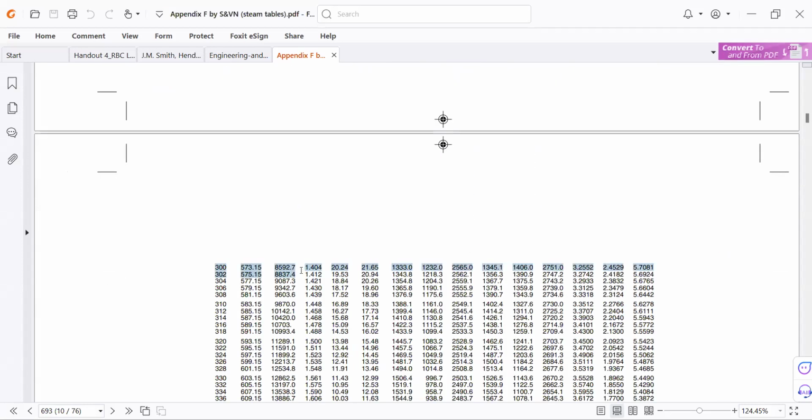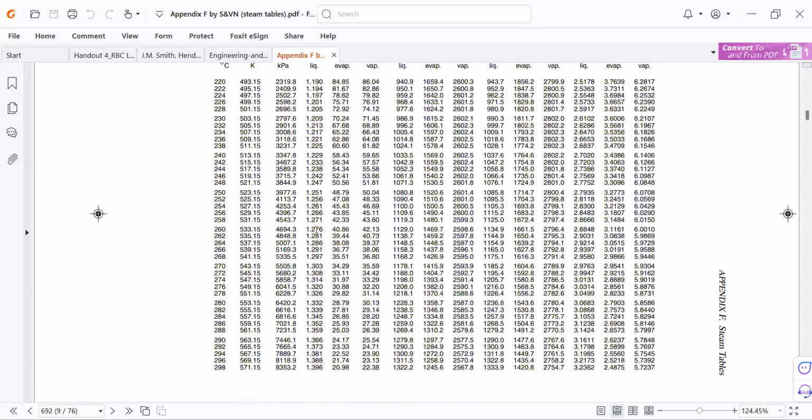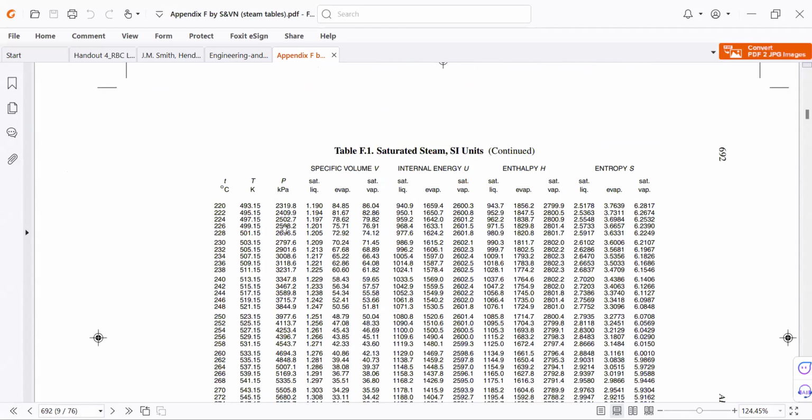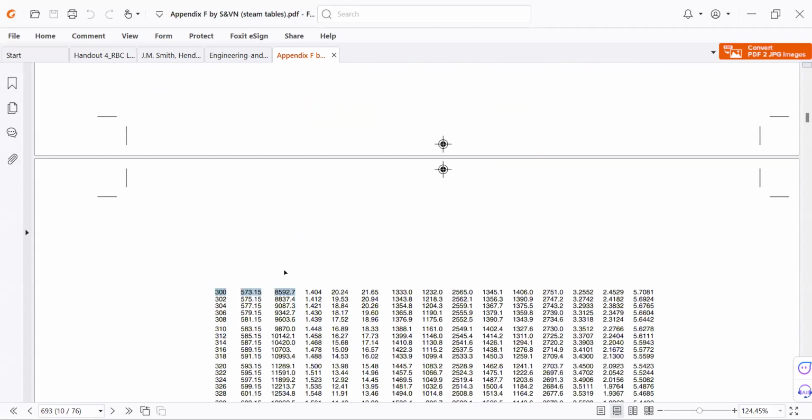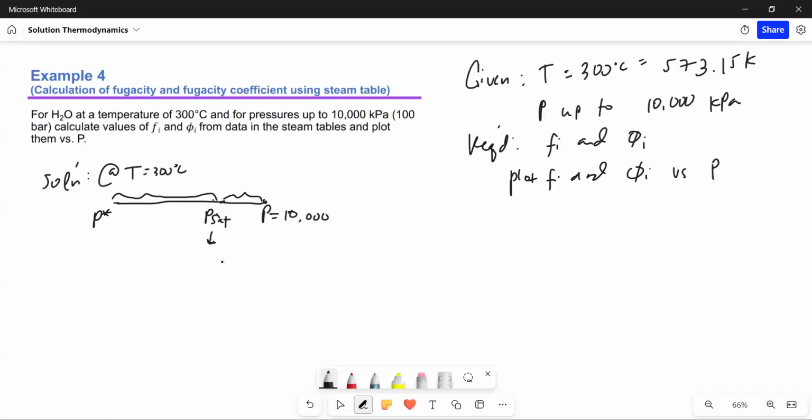Using the saturated property table at a temperature of 300 degrees Celsius, the saturation pressure is 8,592.7. So let's write that onto our plot. So this is P equal to 8,000. Okay, hold on.